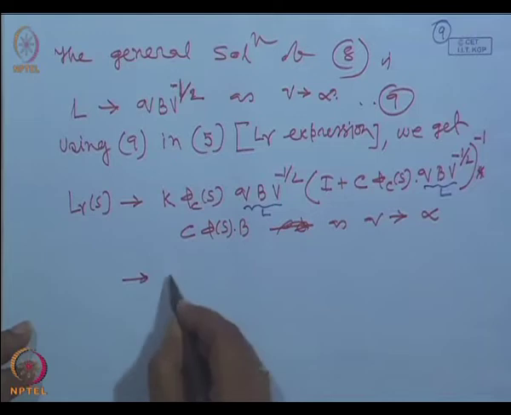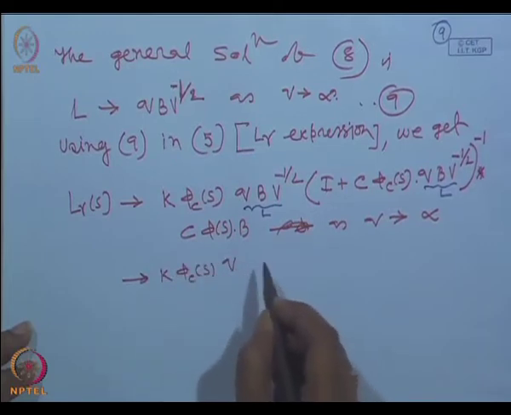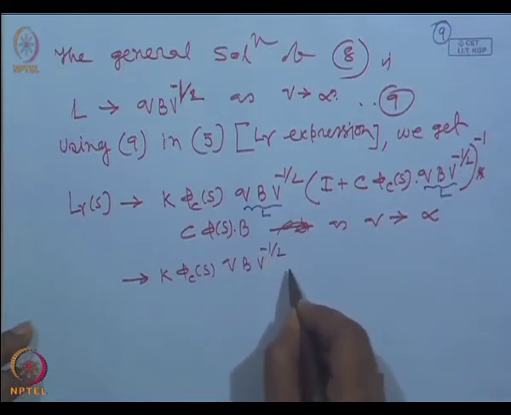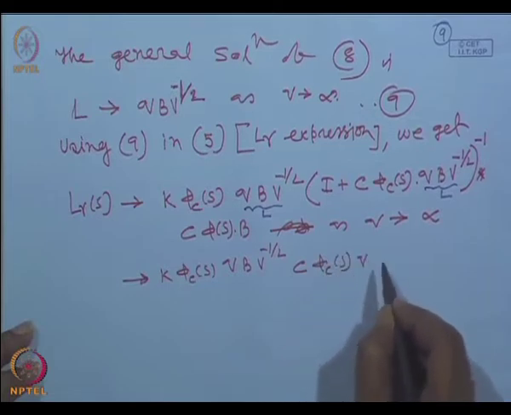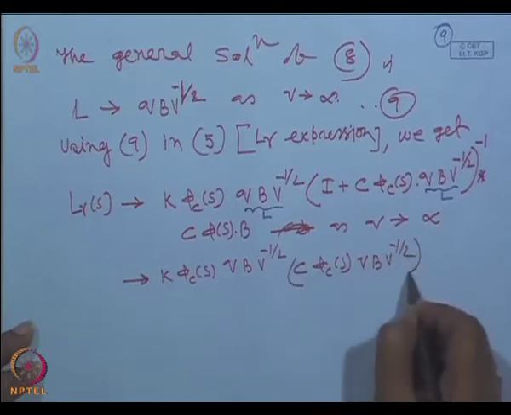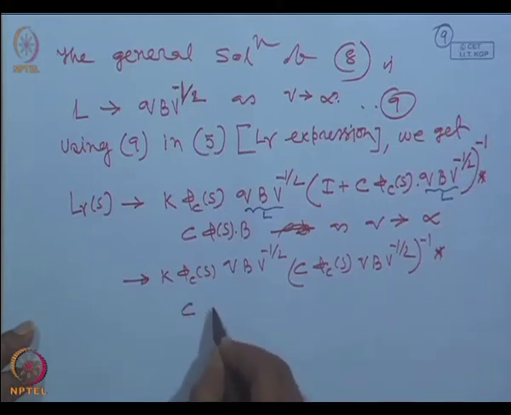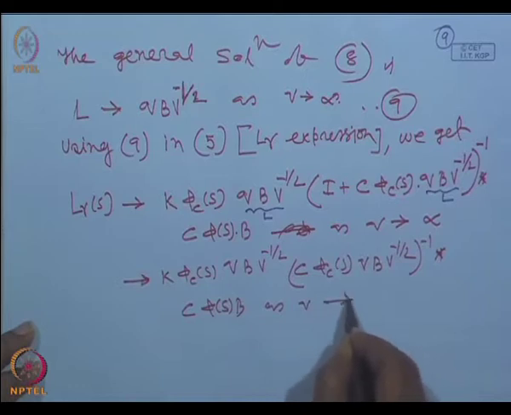So that tends to K phi C of S q B V half, then C phi C of S q B V half whole inverse star C phi of S B as q tends to infinity.